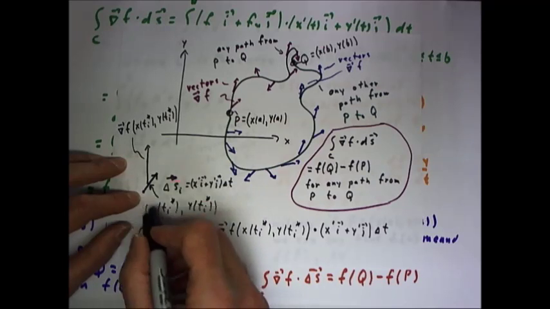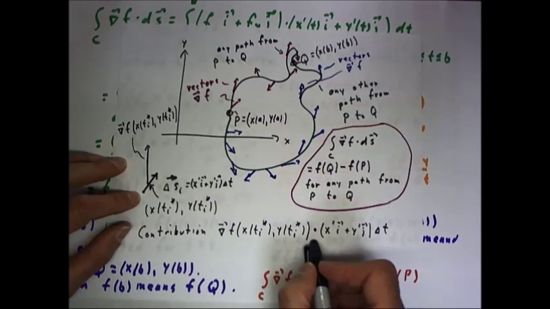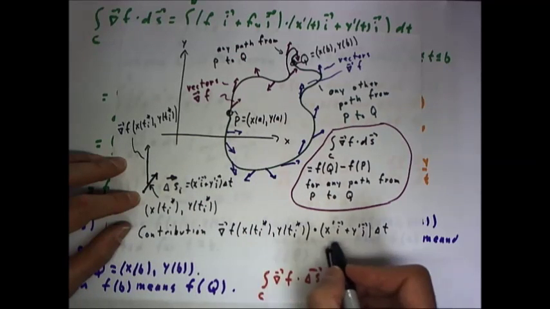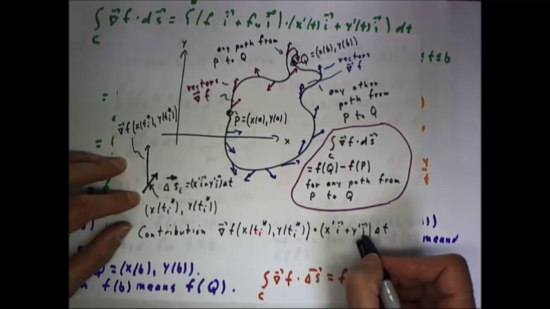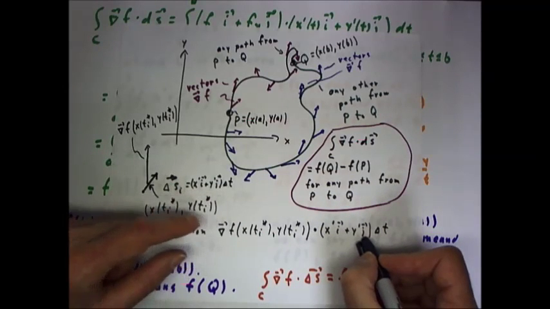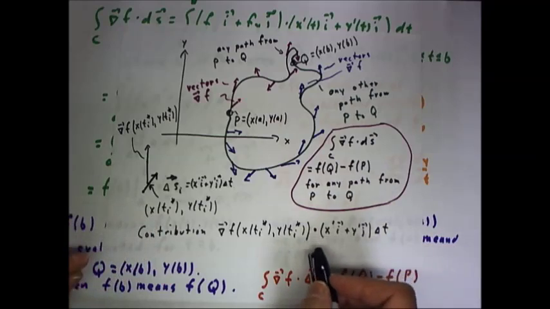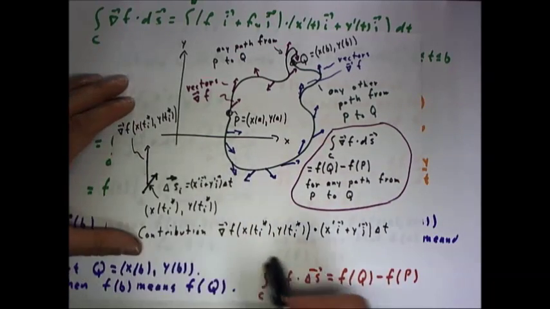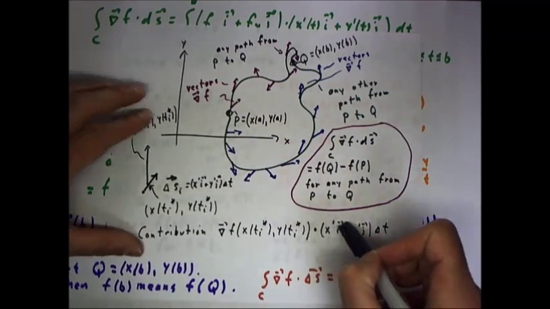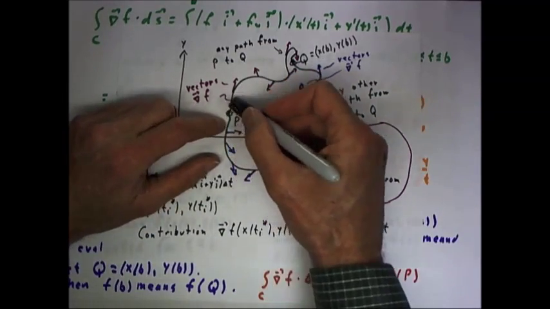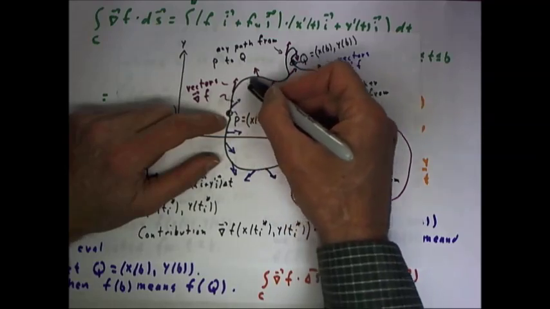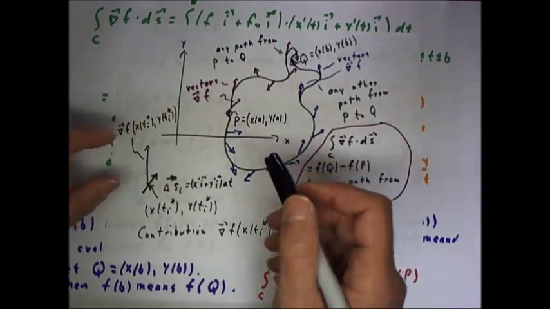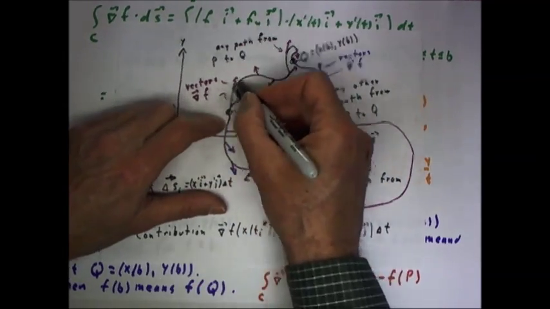The contribution to the integral corresponding to this interval is just then the dot product of these two expressions, where x prime and y prime are both evaluated at the sample point. So bringing yourself into the context of the meaning of this line integral, we see that the integral over this curve has this interpretation. It's what the integral means.